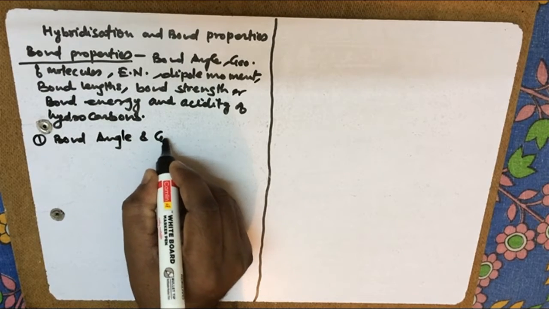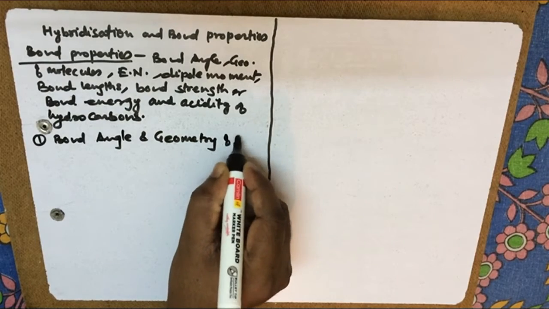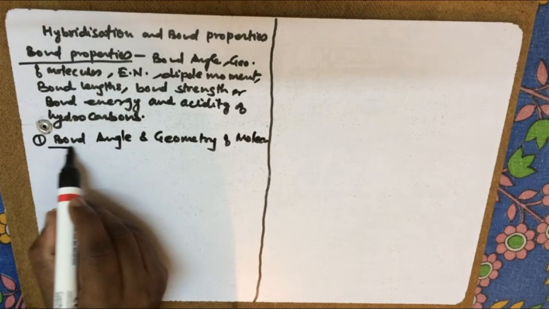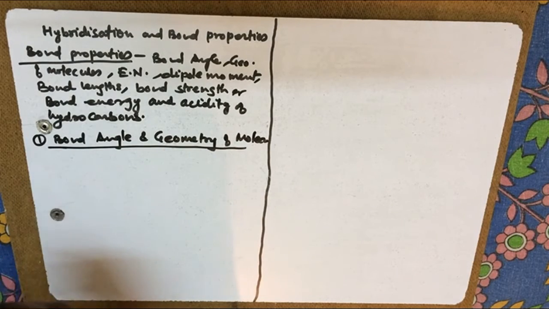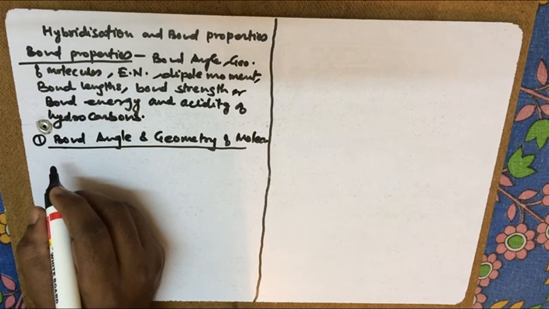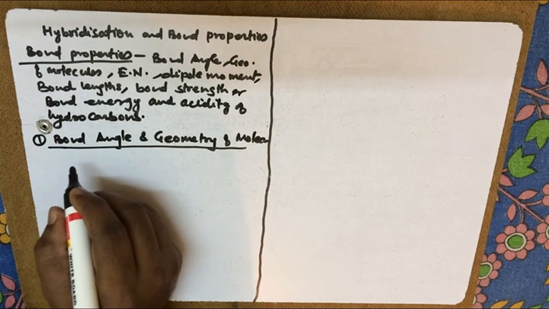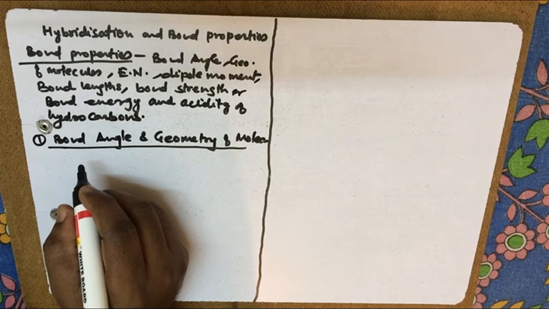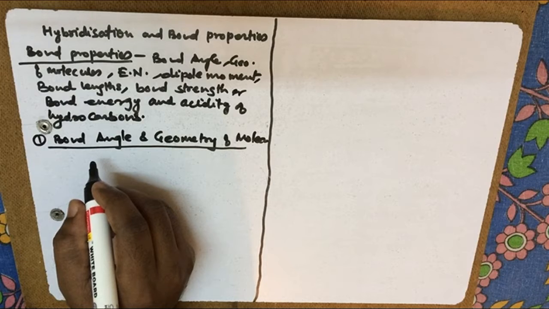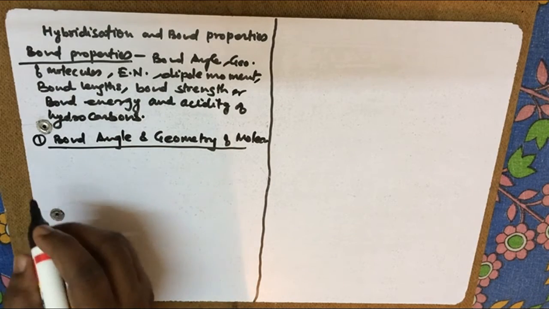And geometry of molecules. So bond angle is basically based on the geometry of the molecules.